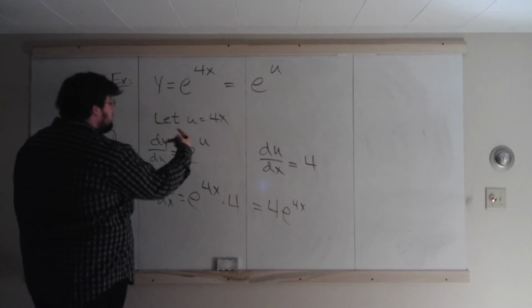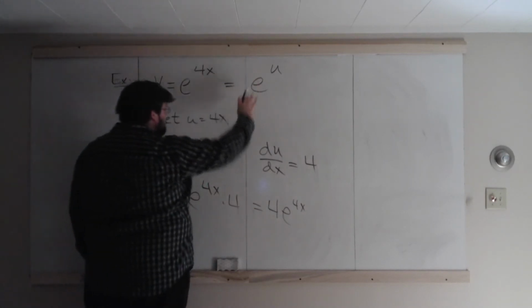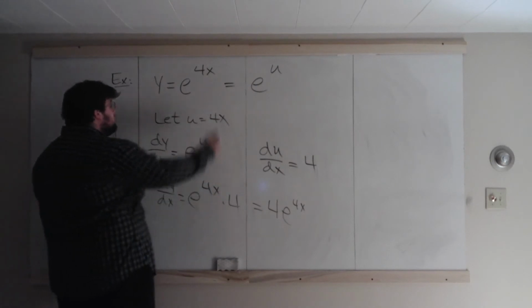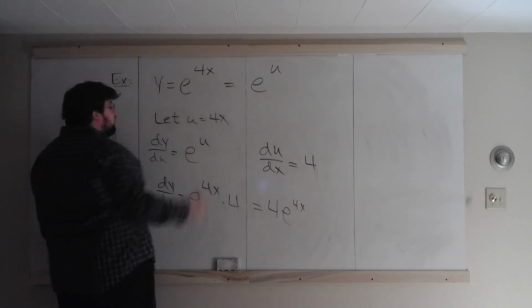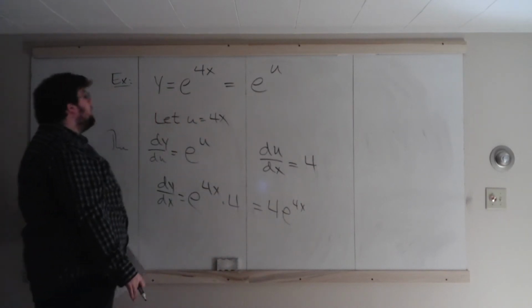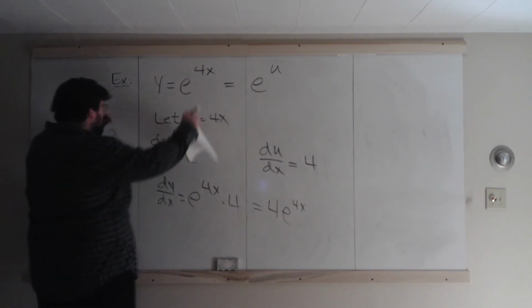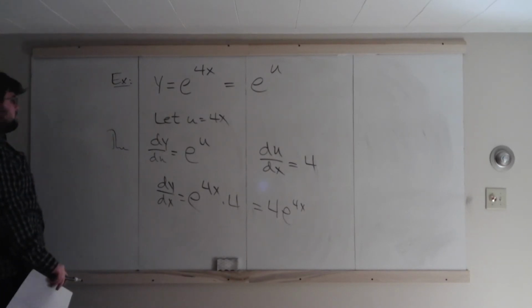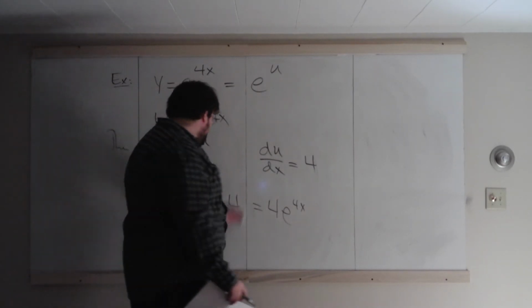But here, notice what the substitution does. The substitution shows that the derivative of e to the 4x is not just itself, because this is not just x. If that were just x, that would be 1, and it would be itself. But it's not just x, so we have 4 times e to the 4x.